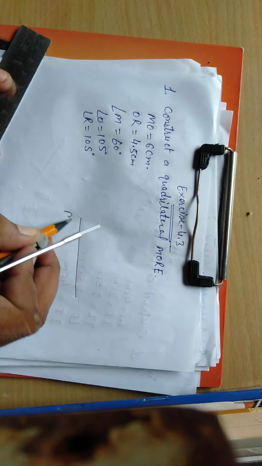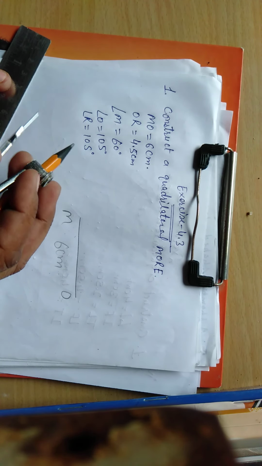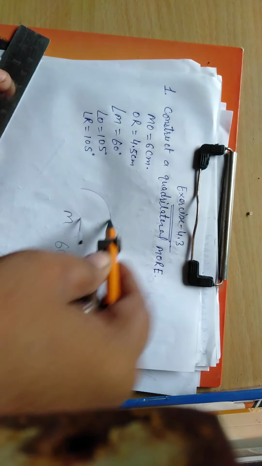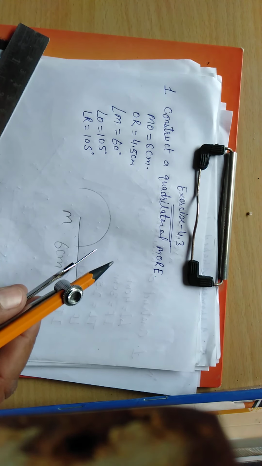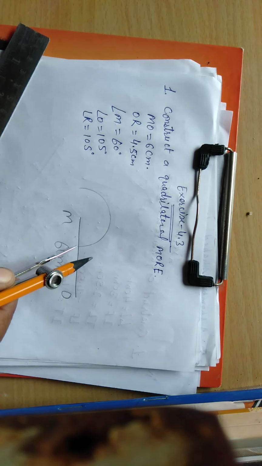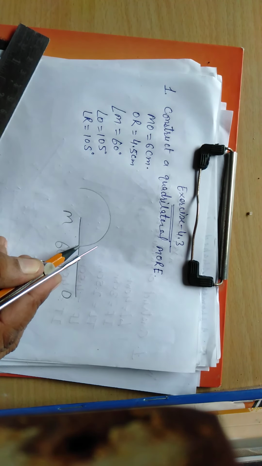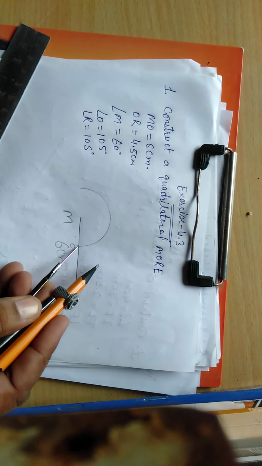I'm taking MO. This is 6 centimeter. Now construct the angle of 60 degree on M. You know that with any compass radius setting you can make this semicircle, and this point is 0, students. This point where this semicircle meets this line is 0 degree. So you will start your construction of the angle from here.